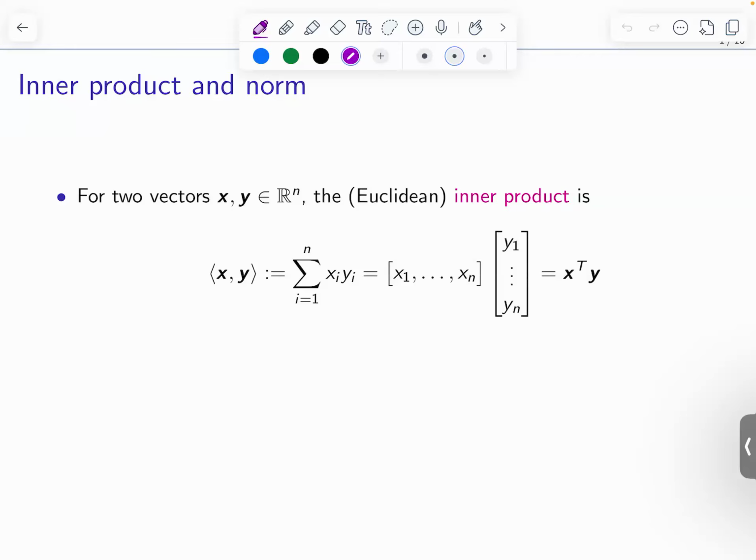I'm going to tell you what inner product is in just a time. So inner products for any two vectors, x and y in Rn, you can define an inner product, which is a scalar, if you have coordinates.